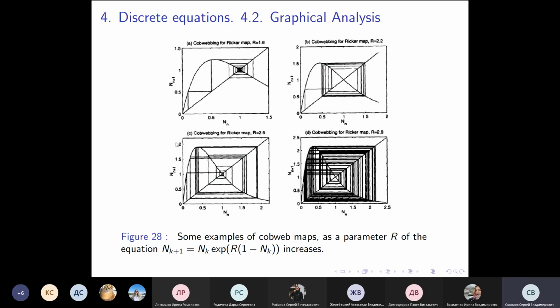Let's look at these pictures. Well, what does it mean? Here is n, n, and here is n, n plus 1. Do you see the pointer? Do you see everything that is on the screen? Yeah, so it's okay.